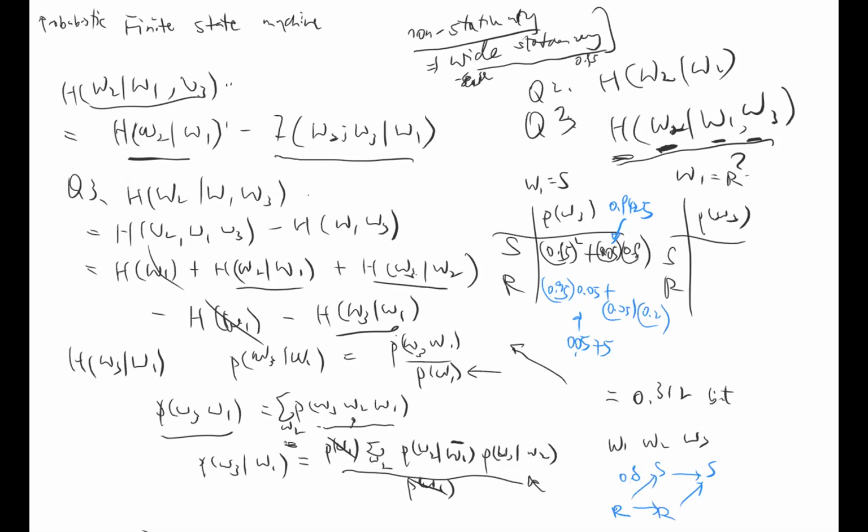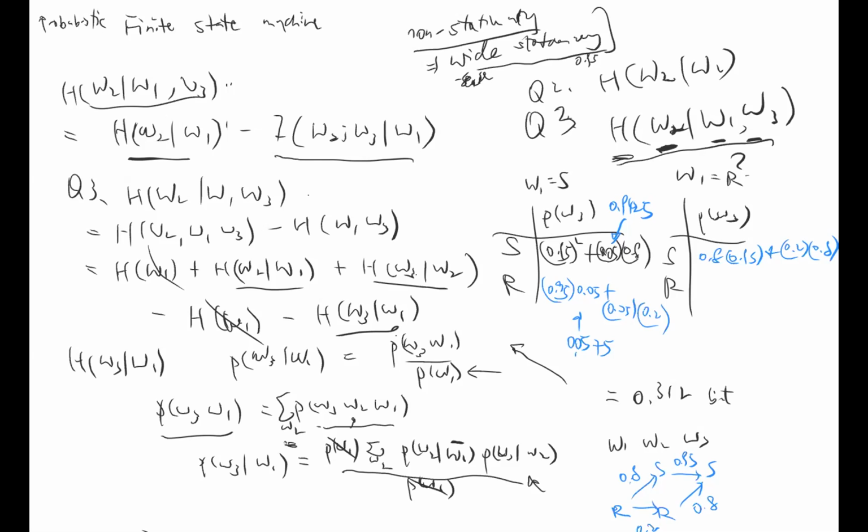And then sunny to sunny is 0.95, and rainy to rainy is 0.2, right? So rainy to sunny is... wait, I think yeah, 0.8. Yes. So therefore, the probability for this one is 0.8 times 0.95 plus 0.2 times 0.8, right?